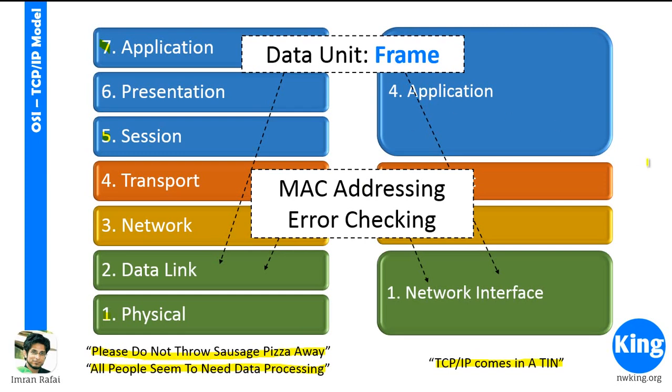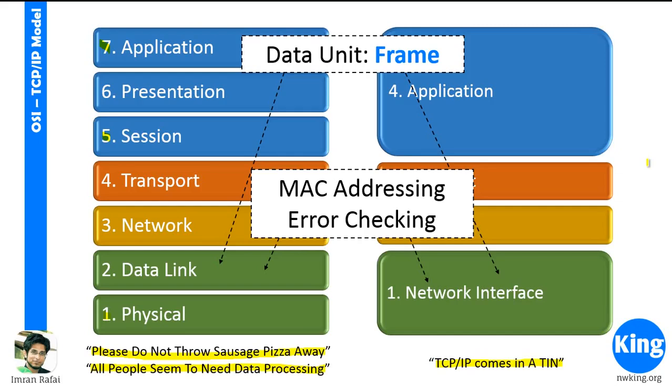MAC is an acronym for Media Access Control, and a MAC address is a hardware address. That means every network interface card of your computer has its own MAC address. A MAC address is also known as a burnt-in address, and it cannot be changed. Yes, there are ways of spoofing the address, but it cannot be changed physically.